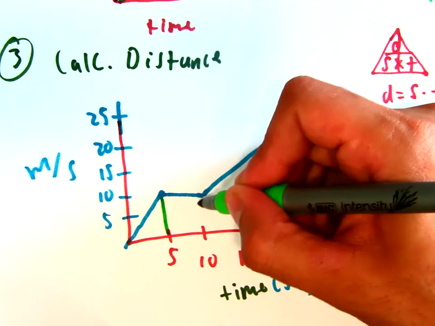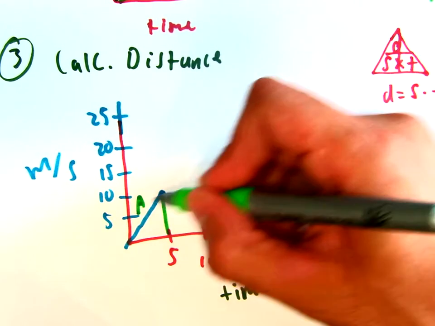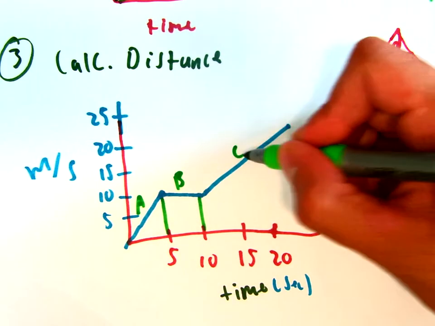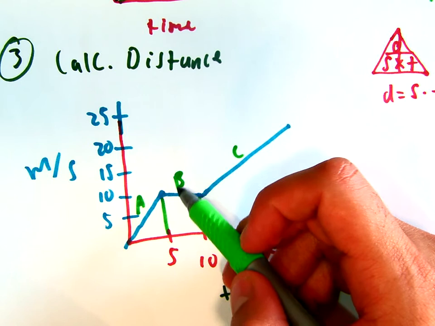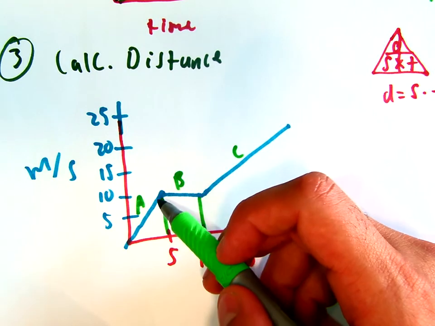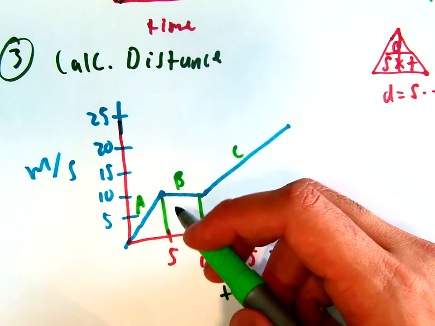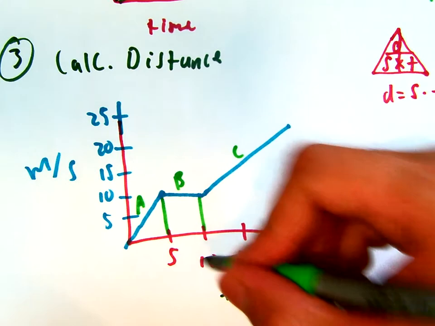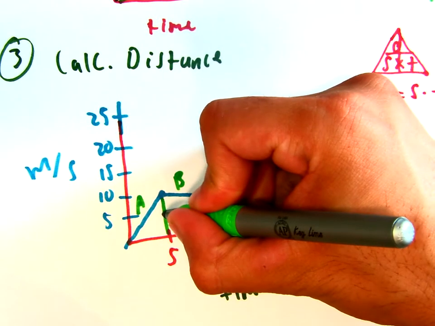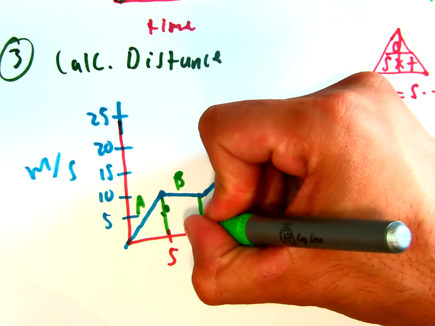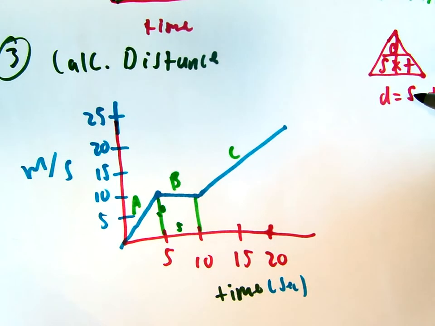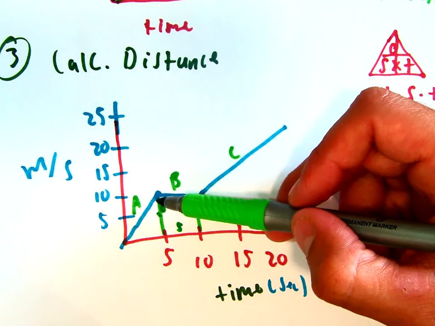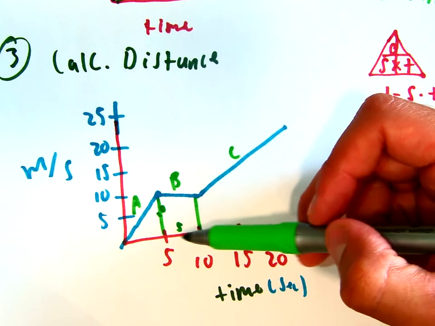However, let's break it up into segments, A, B, and C. Okay? Well, if I'm looking at B, B went up 10, which is my speed, right? And it went to the right 5. So it was 10, and it was 5. Okay? Well, I know distance equals speed times time. In other words, speed is 10, and this is my time.